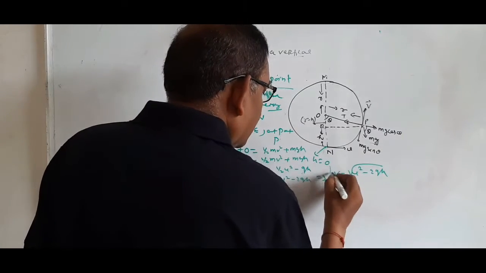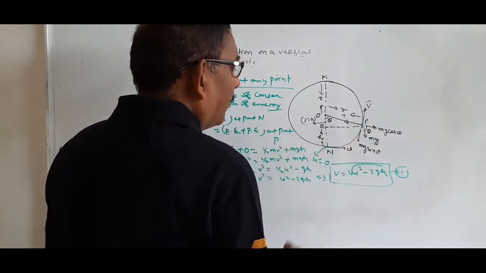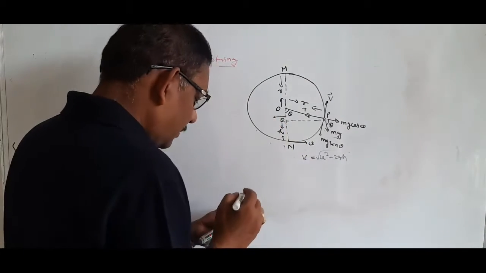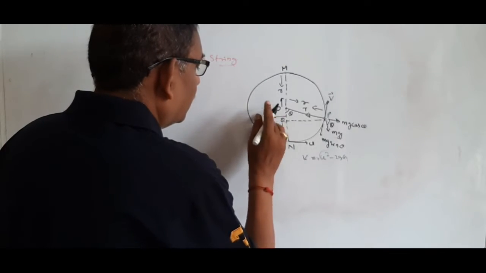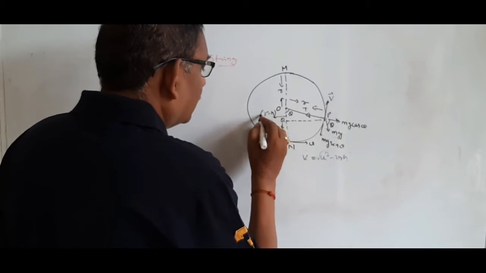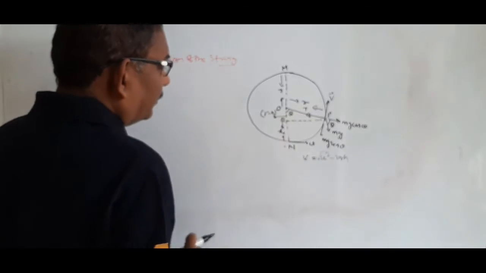So this is velocity equation 1 at point P. Here actually it is not h minus r, it is r minus h, so you have to correct this one. Here the total is r, and this is the h part.